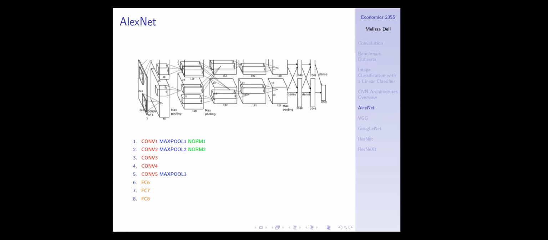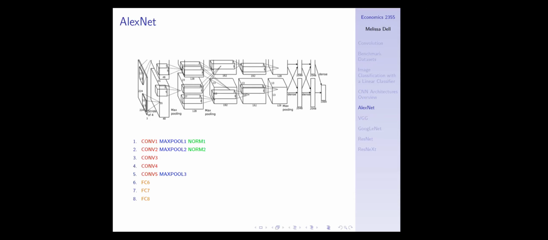So that doesn't count as a separate layer. And they do a normalization thing that people don't really do anymore, and it's not necessary, so we're not going to really talk about that. And then they apply another convolutional layer, another max pool, another normalization, then 3 more convolutional layers and max pool at the end of that. And then they have 3 fully connected layers at the end of the network.